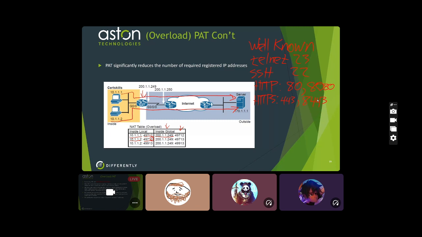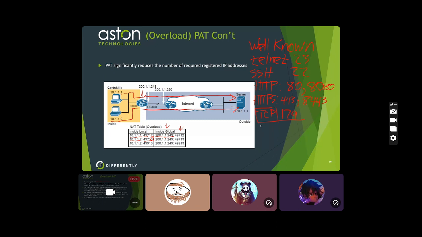BGP will use 179 on TCP. TCP. You have to be specific. Because BGP is a reliable protocol, it uses TCP 179 specifically.